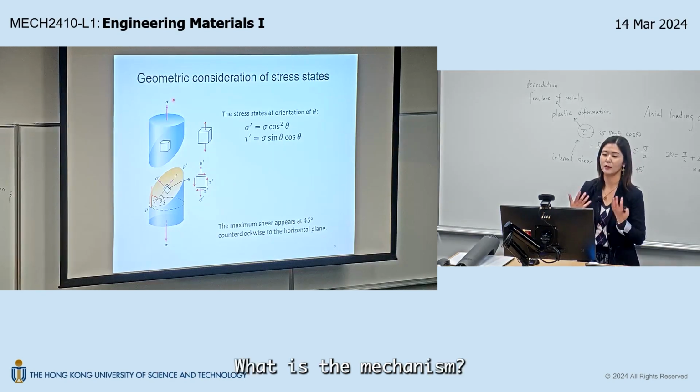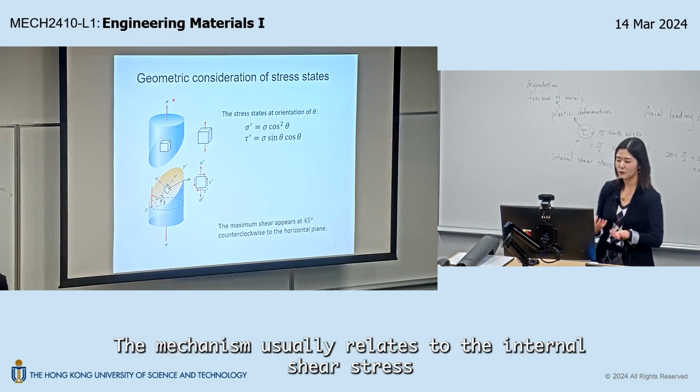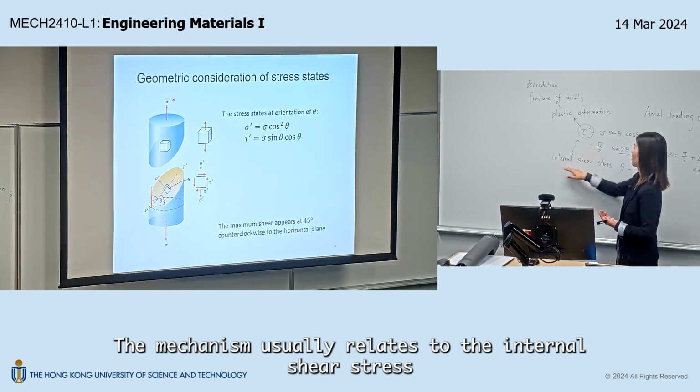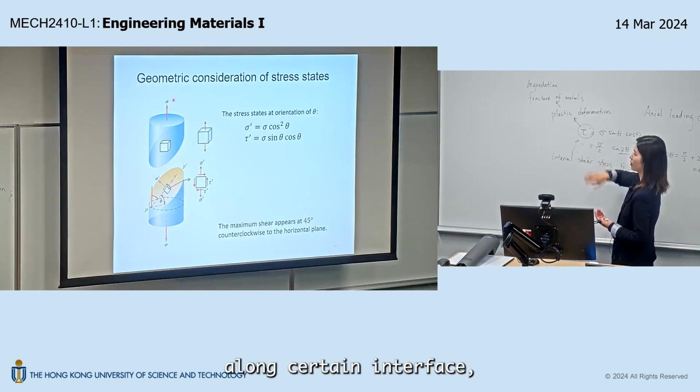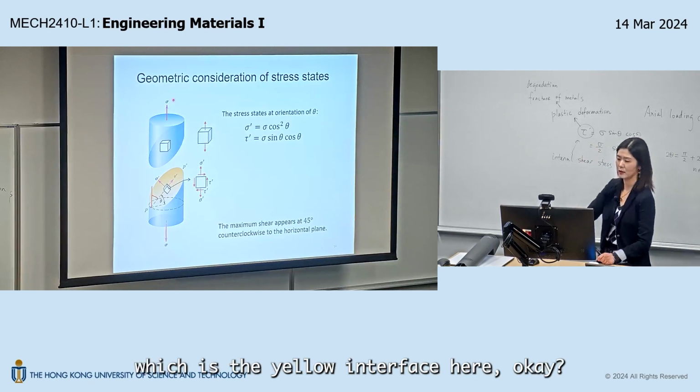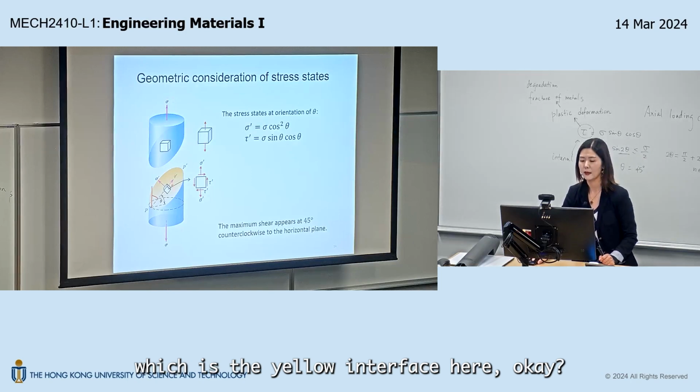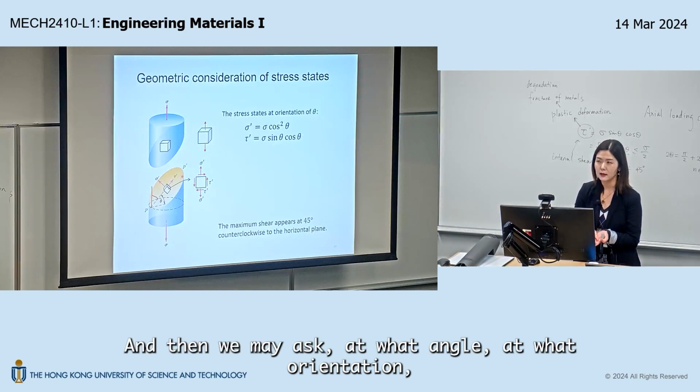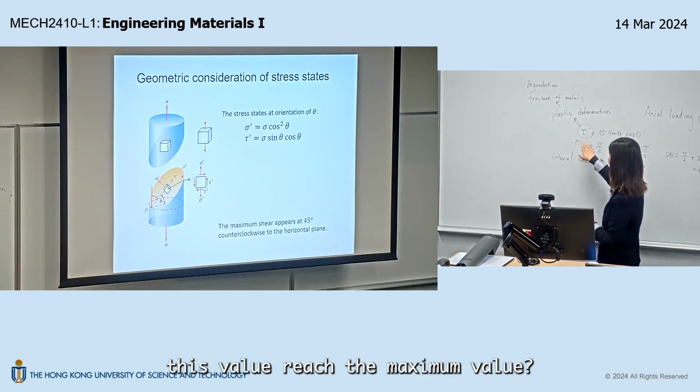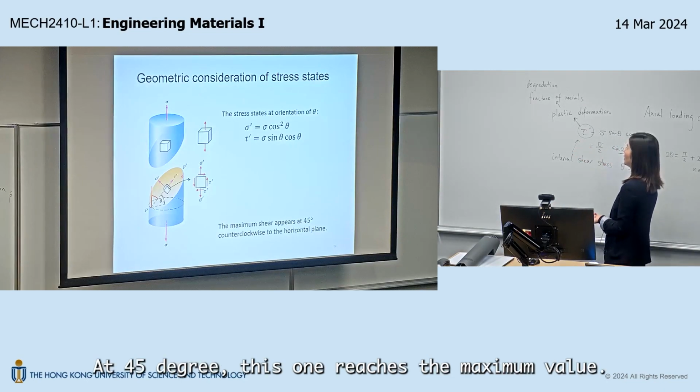Then how? What is the mechanism? The mechanism usually relates to the internal shear stress along a certain interface, which is the yellow interface here. Okay? And then we may ask at what angle, at what orientation, this value reaches the maximum. At 45 degrees, this one reaches the maximum value.